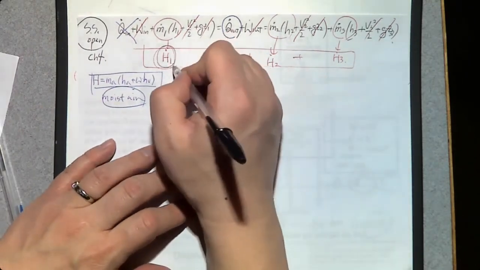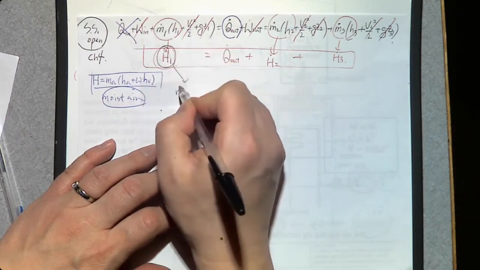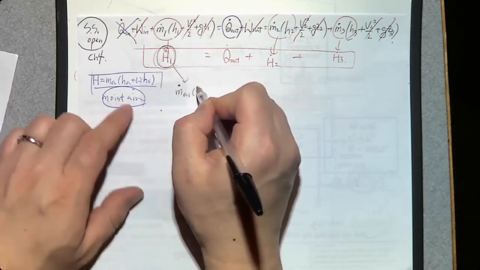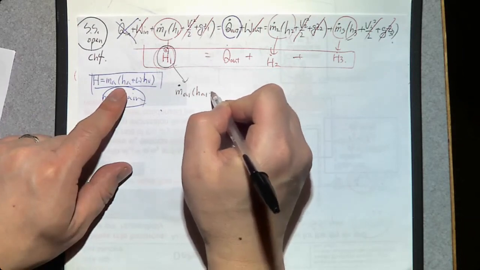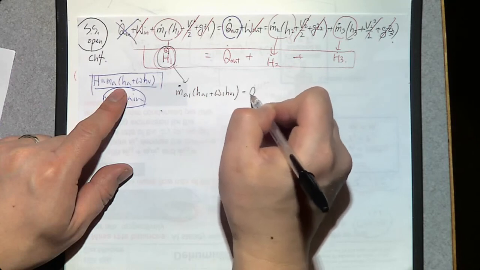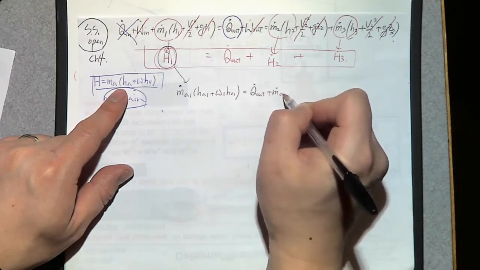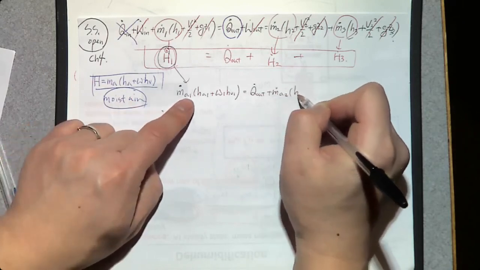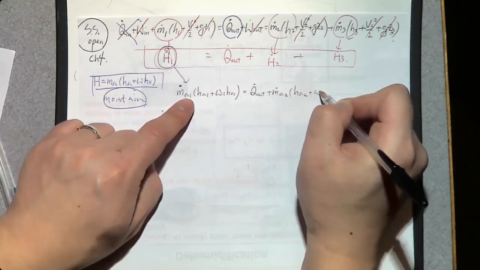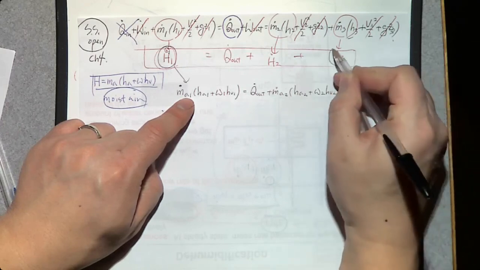Then this one becomes M dot A1, oh, we have a dot on top of it. So M dot A1, HA1 plus omega 1 HV1 is Q dot out plus M dot A2 HA2 plus omega 2 HV2 plus this one, number 3.